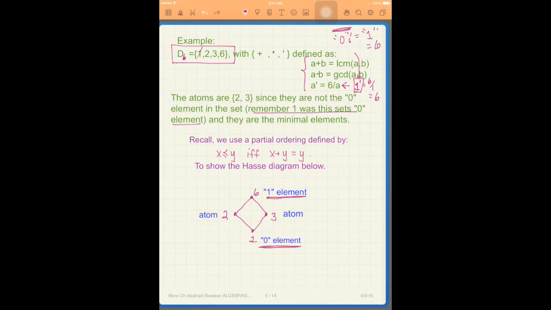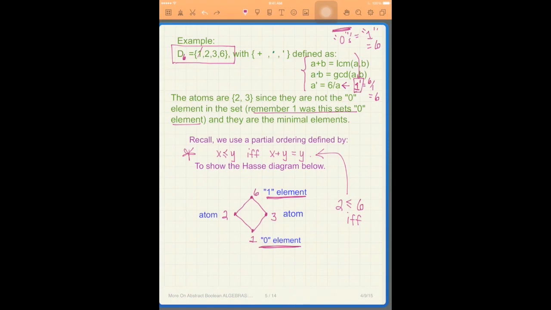And then we have to look at the minimal element of this Hasse diagram. So again, this is the partial ordering. So I've actually applied this partial ordering to each of those. So how do I really know that, for example, 2 is less than 6? Well, I would just plug into this underlying ordering. So is 2 less than 6 according to this ordering, if and only if x plus y is equal to y?